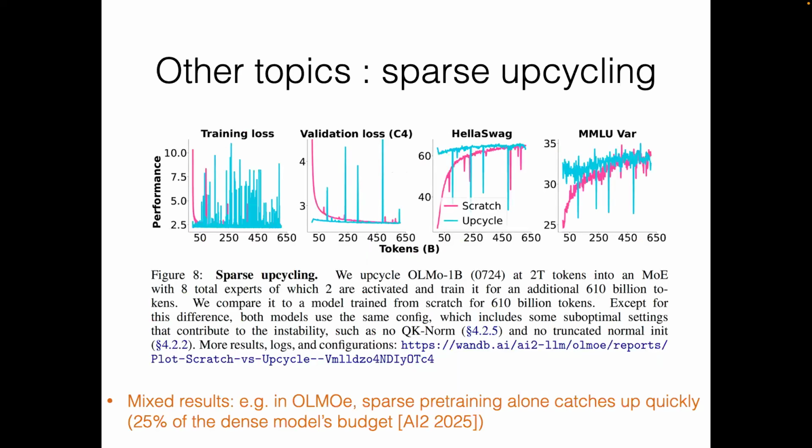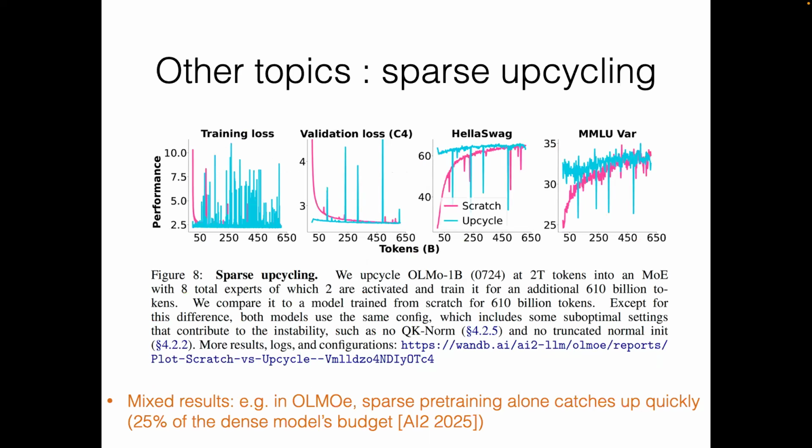So again, they tried this in the AI2 paper. As I mentioned, I didn't show any positive results, but some groups do use this. Here again, they got a negative result. What they found is that sparse pre-training alone, so not doing the upcycling, can actually catch up quickly.